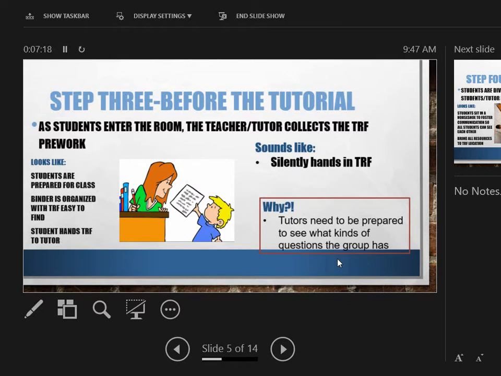Why do we have them done ahead of time, turned in at the beginning of class, so that tutors are prepared to see what kinds of questions the group has? In some AVID classes, the teacher collects all the TRFs and then separates them and says, okay, these 7 people have questions on history, these 7 people have questions on math, these 8 people have questions on science, and I'm going to pull a few kids to help out the English groups.